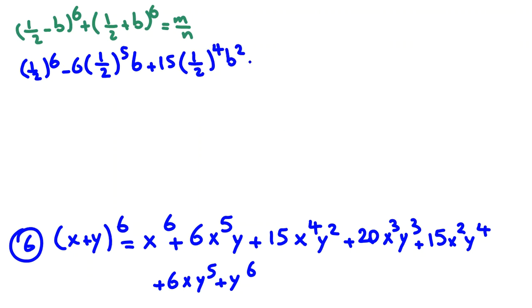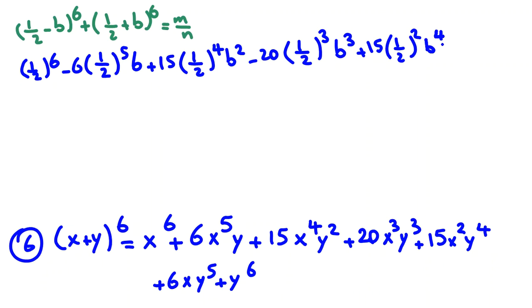This one plus 20, 1 half cubed times b cubed, but because it is b cubed and it is negative b, it will be negative. And then the next one, 15 times 1 half squared times b to the 4, minus 6 times 1 half times b to the 5, plus b to the 6. Now the second term is plus 1 half to the power of 6.